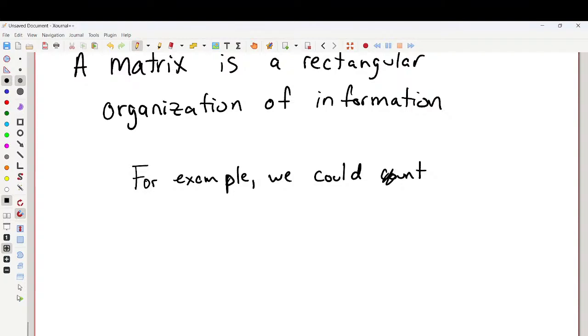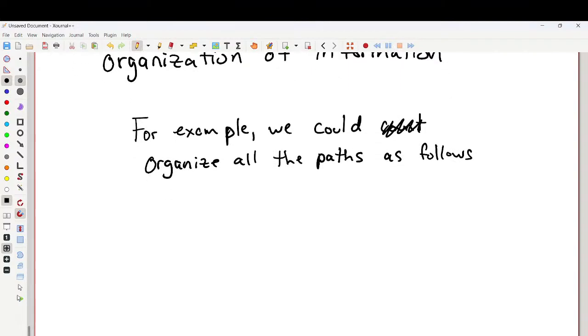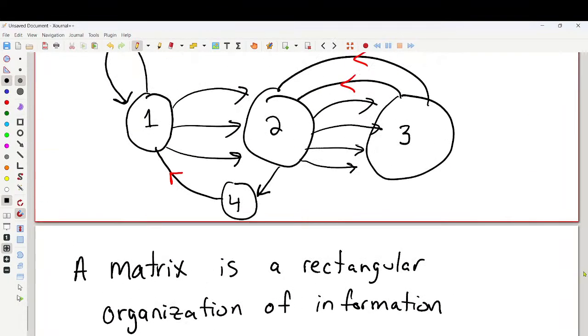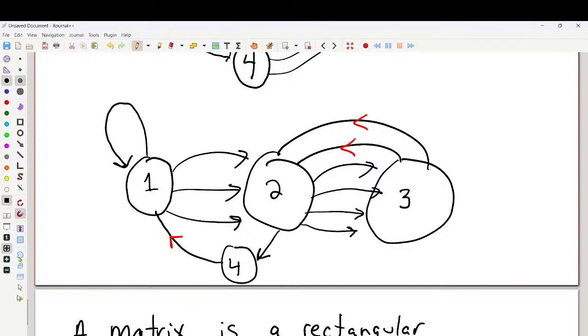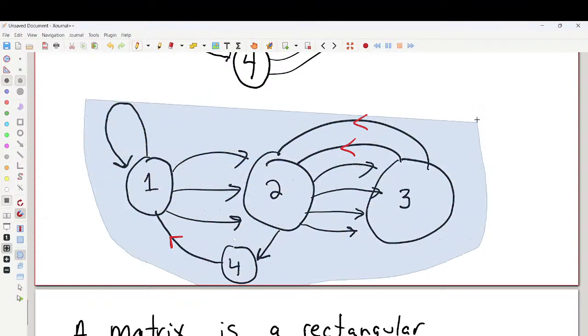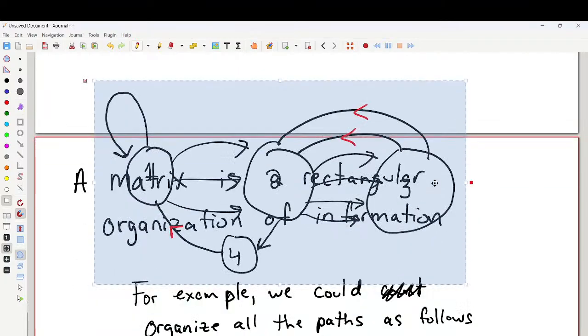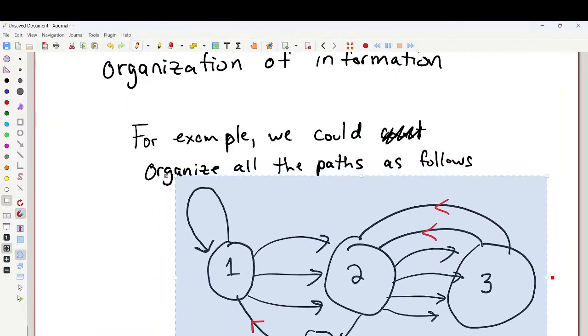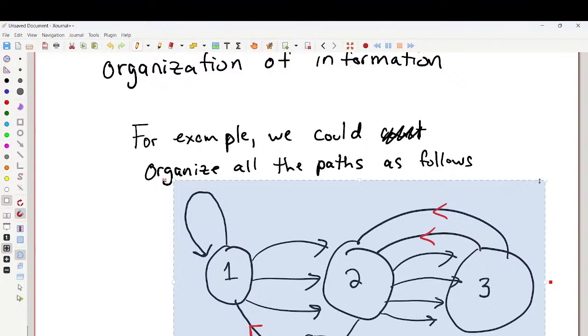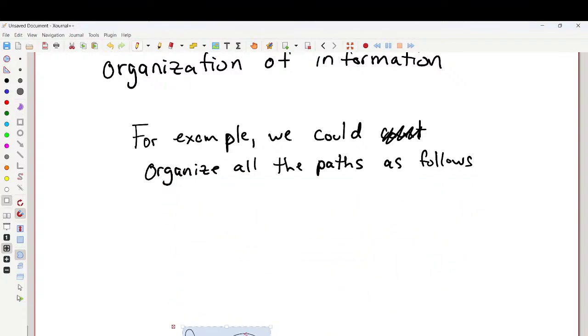We could organize all the paths as follows.